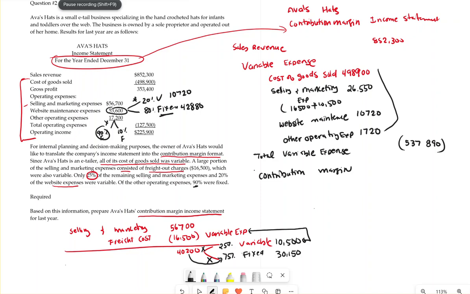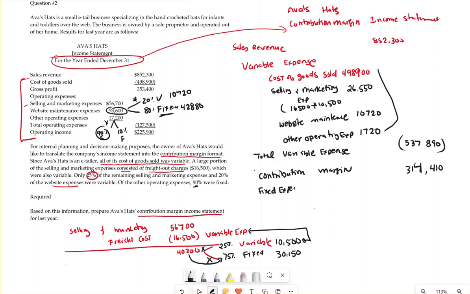I'm going to get my calculator. So we started with 852,300 minus 537,890, and that gives us 304,410.